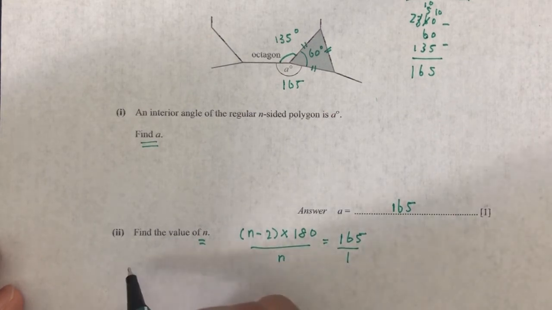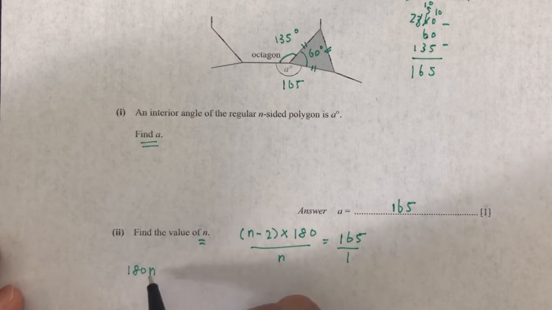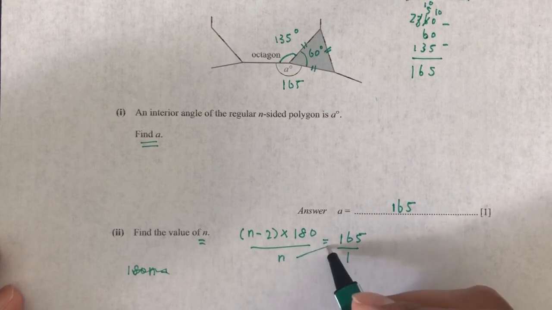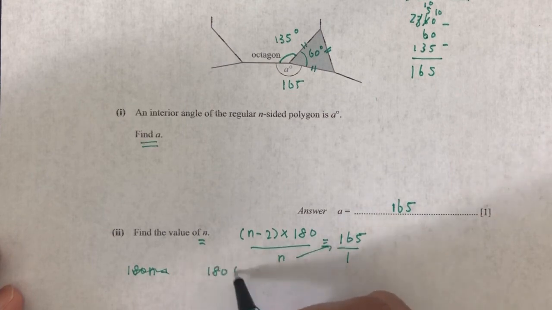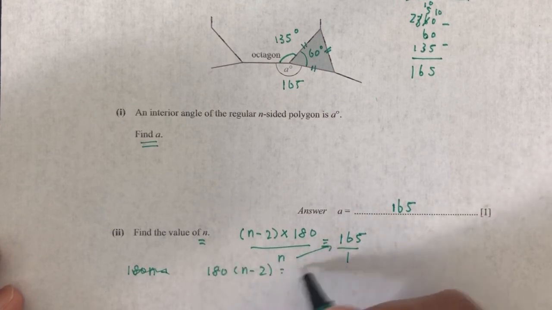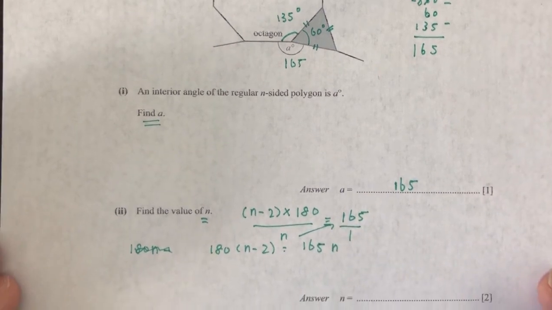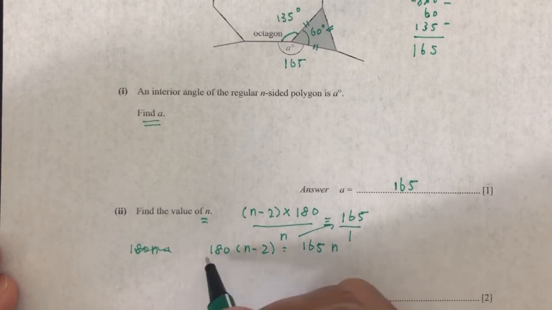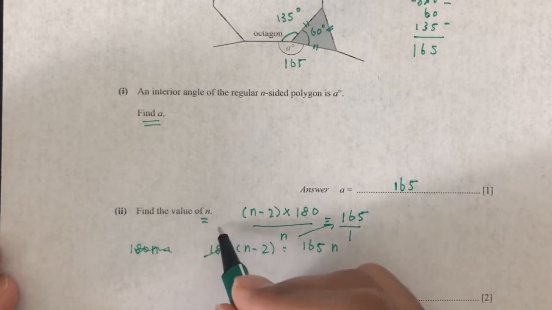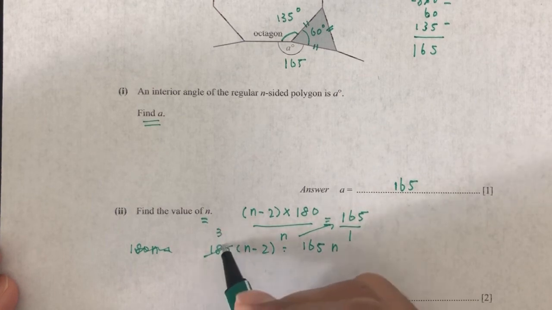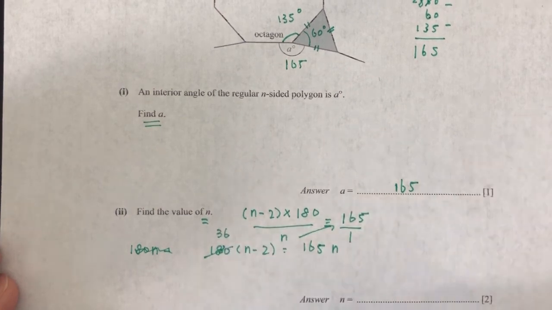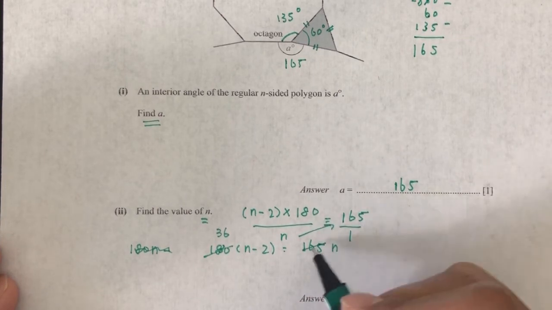We have 180n minus 360 equals 165n. So let's divide by 5 on both sides. We have 36, divide by 5 and we have 3.